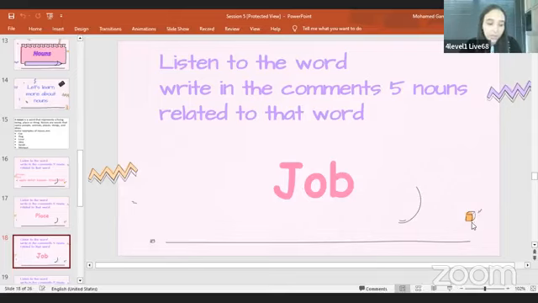Yusuf: bridge, library, theater, stadium, station. That's a great answer for the words related to place. Can you now do the second word? 5 nouns related to job.